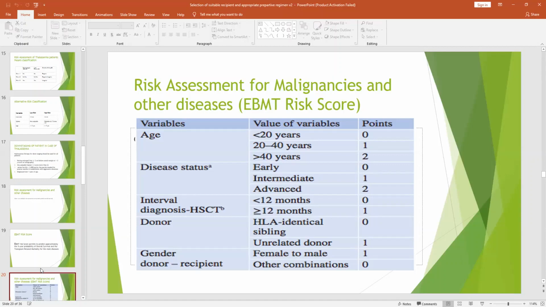Like this, interval from diagnosis less than 12 months is given 0.0, and more than 12 months is given 1, and HLA identical sibling is given 0. And for gender of donor and recipient, female to male is given 0.1, while other combinations are given 0.